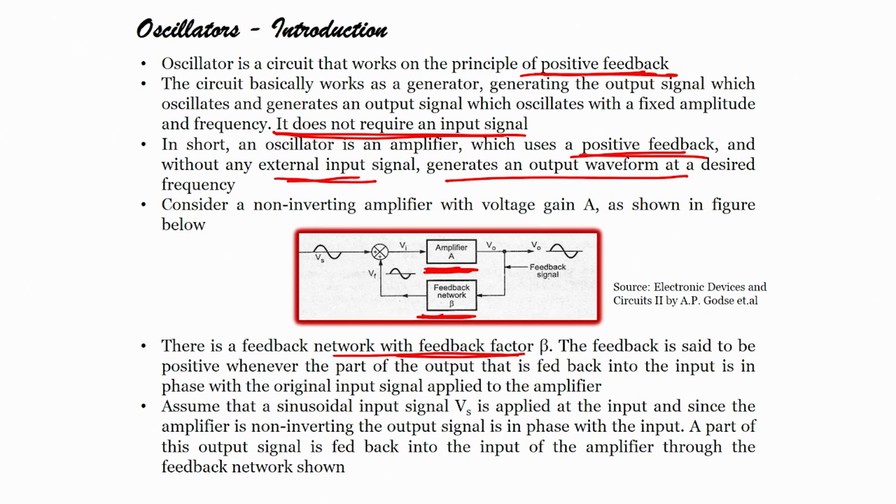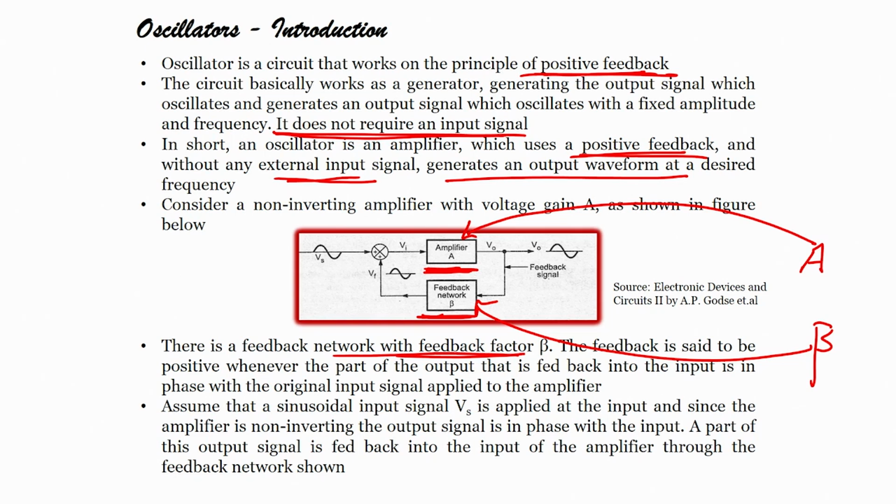There is an amplifier here with voltage gain A, and a feedback network here which we call beta. The feedback is said to be positive whenever the part of the output that is fed into the input is in phase with the original input signal applied to the amplifier.